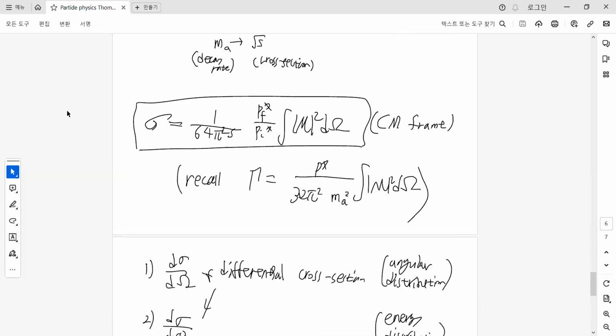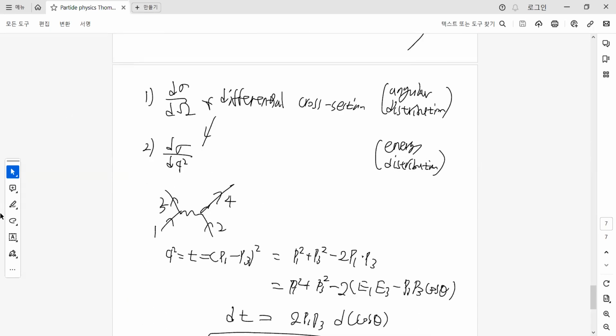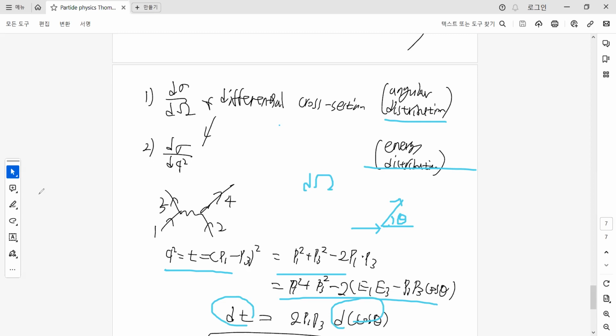And also we can use differential cross sections as functions of the angle and the energy, the so-called angular distribution and energy distribution. The momentum transfer in the T channel can be expanded using simple calculations. If we assume that particles 1 and 3 have an angle theta between P1 and P3, then we can change the solid angle omega to dt, where t is the momentum transfer in the T channel.